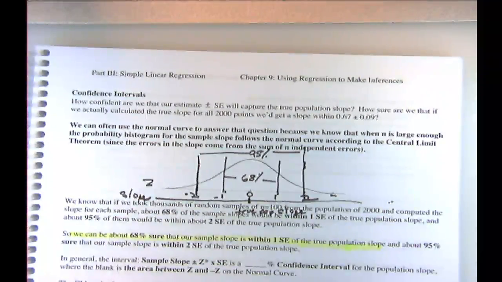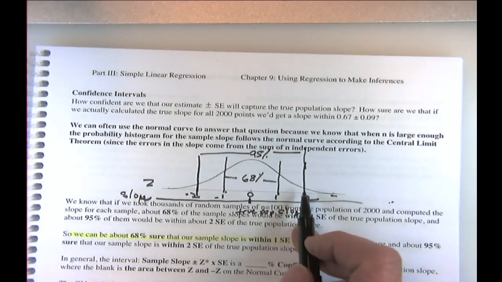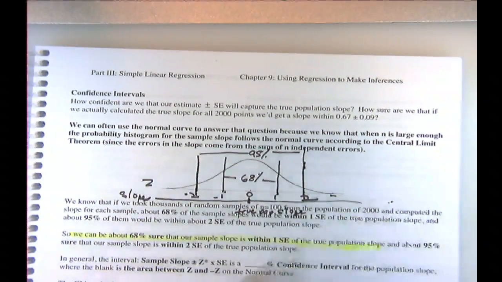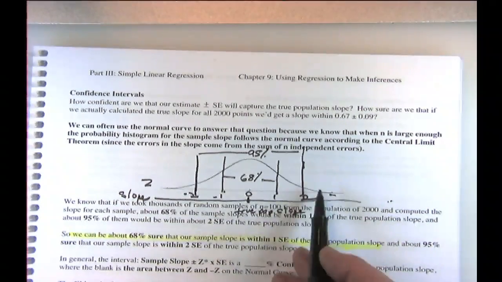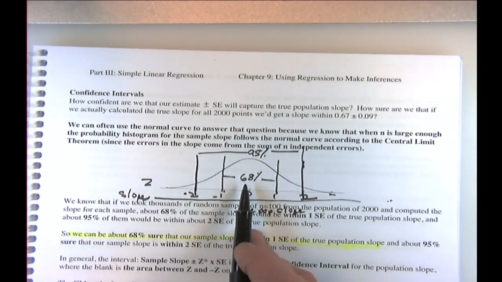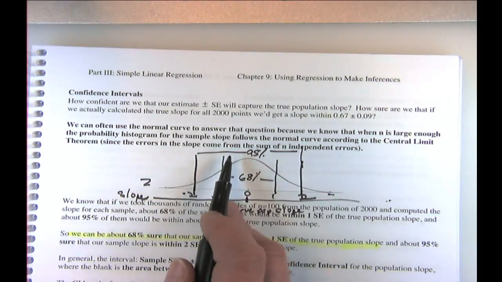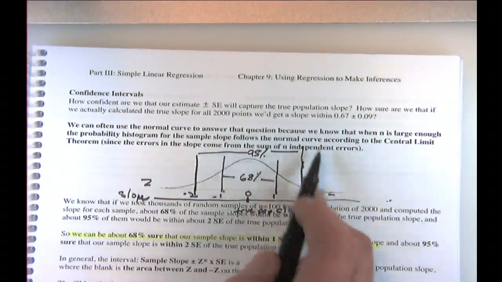Now, we glossed over why I can use this normal, how we know it's distributed like this, right? So the key is the central limit theorem. It's a perfect case of the central limit theorem, because really what's happening is the errors in these slopes come from n random draws, independent draws, summing up those independent errors.